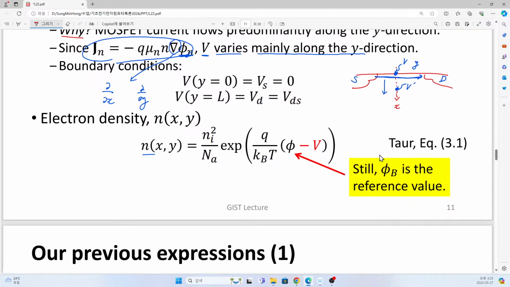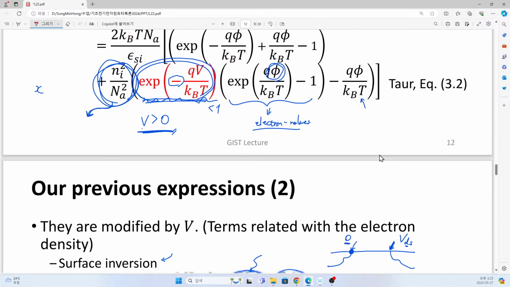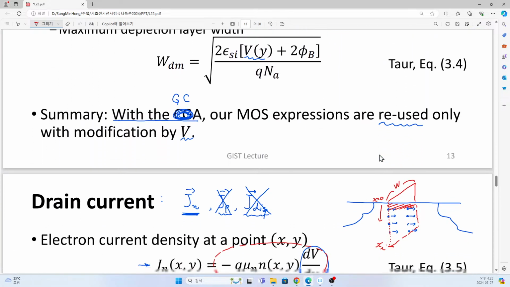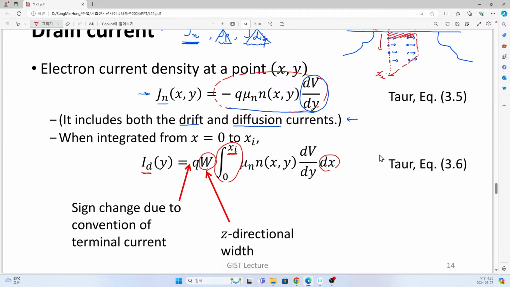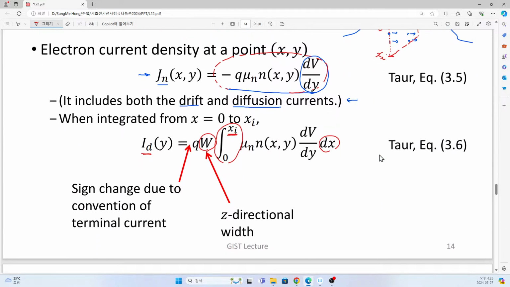A sufficiently large value of xi is required, but as long as we are beyond the thickness of our inversion layer, it's okay. After that, we don't care about the exact value of xi.